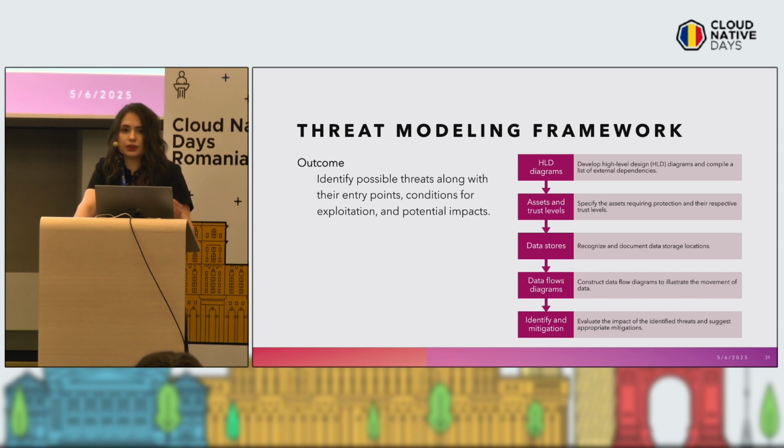It starts with identifying the critical assets, the entry and exit points of the application, then the data stores, the trust levels, and each role, and lastly, identifying the threats and the mitigation.